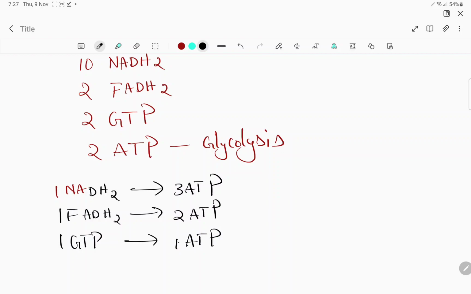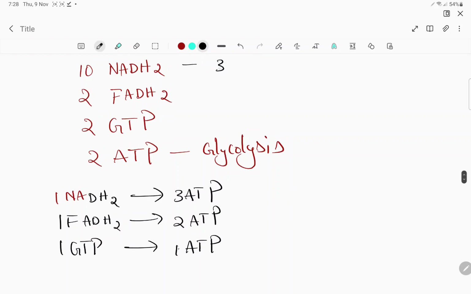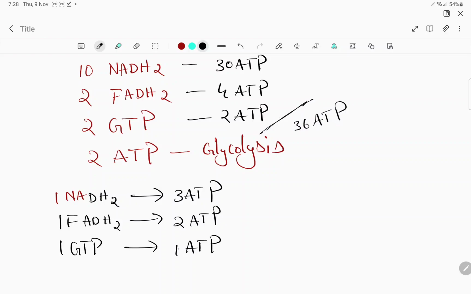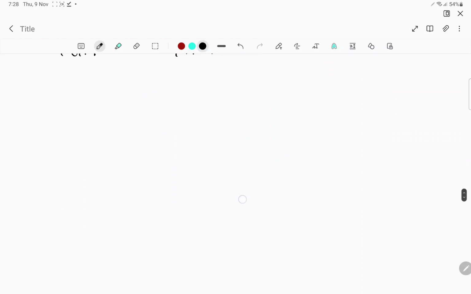So totally if you see the balance sheet, 30 ATP, 4 ATP, 2 ATP. So from the Krebs cycle we are getting 36 ATP plus 2 ATP from glycolysis. So totally 38 ATP. How these 38 ATP are generated, we are going to see. That is ETS. So before going to the ETS, we have to draw these complexes.